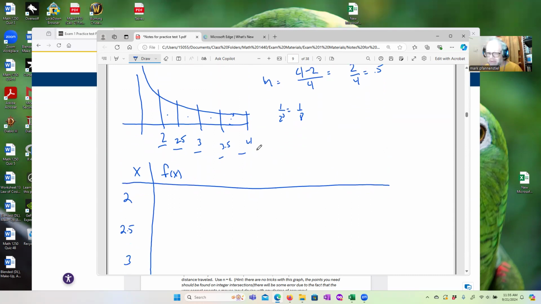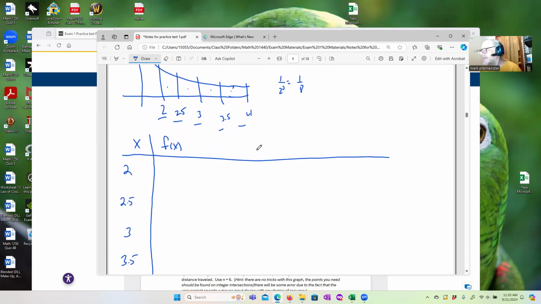Since this is going to be a numeric problem, please feel free to use decimal places. I think 4 decimal places is the standard. If it doesn't say, use 4. So f of x was 0.125. 2.5 is going to be 0.064.